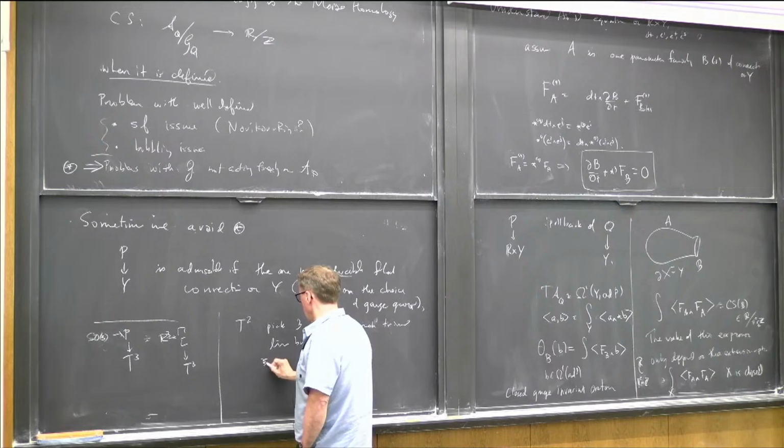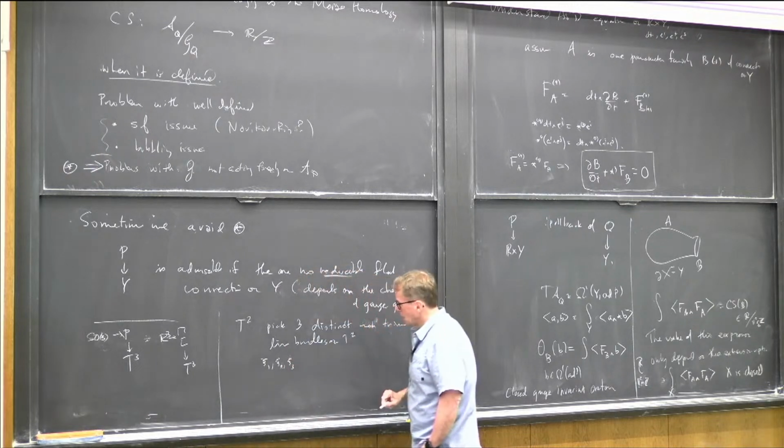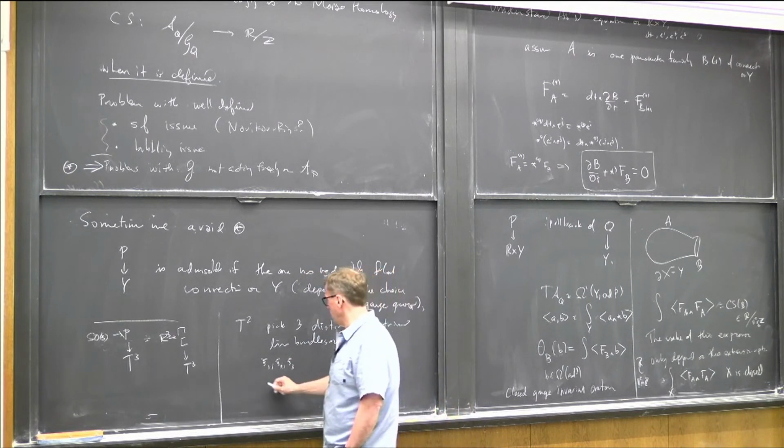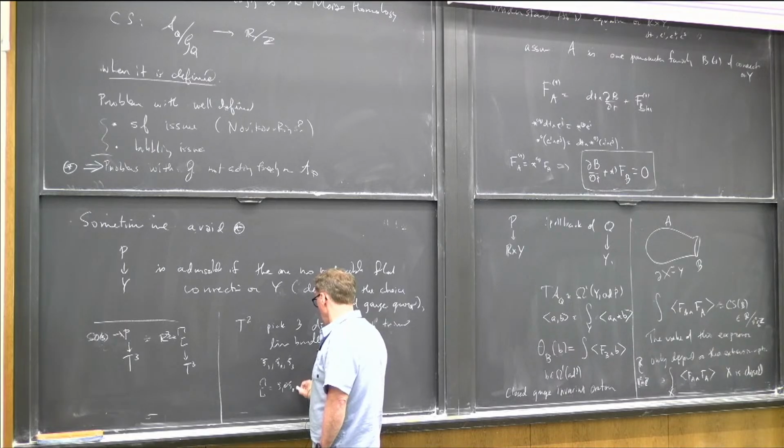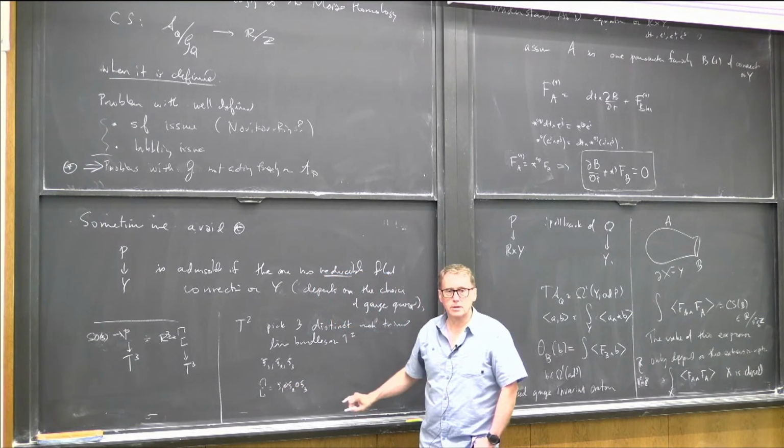So let's call them C1, C2, and C3. So these are non-orientable line bundles. But if you look at their sum, that's going to be orientable, right?